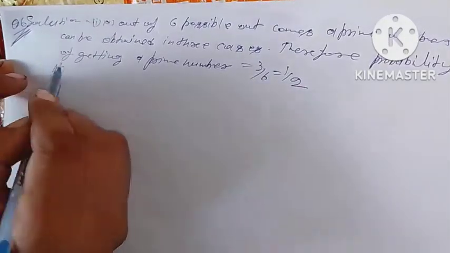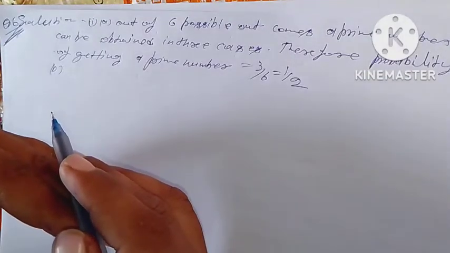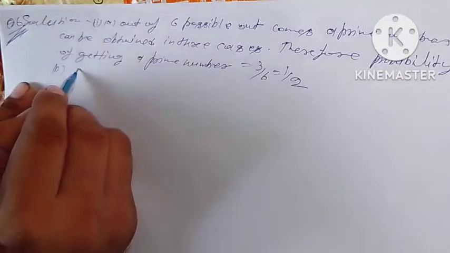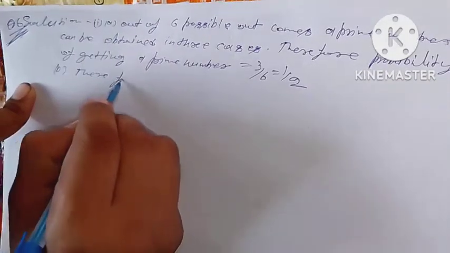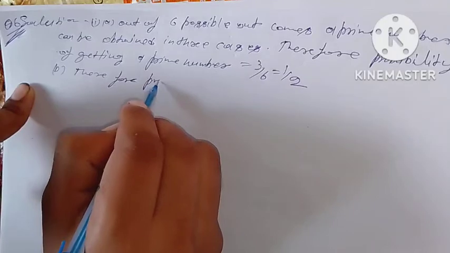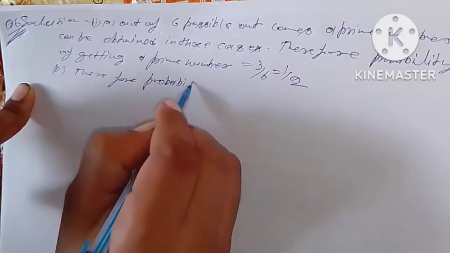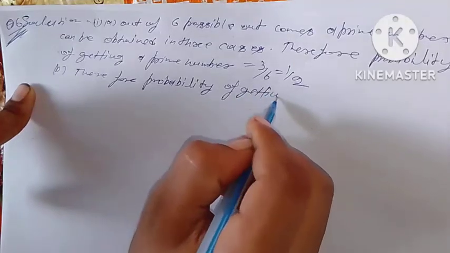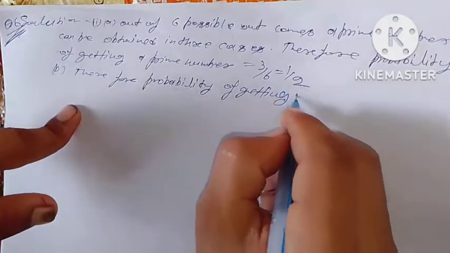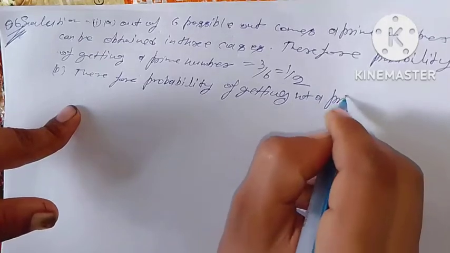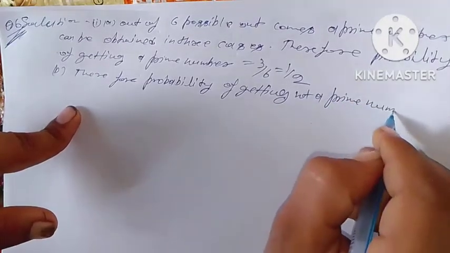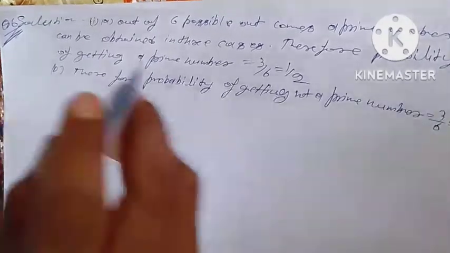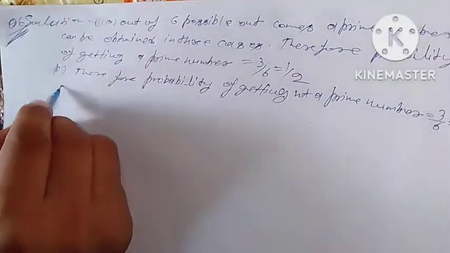And the B question. Out of 6 possible outcomes, a prime number may not be obtained in 3 cases. Therefore, probability of getting not a prime number equal to 3 upon 6 equal to 1 upon 2. Okay. And second question.